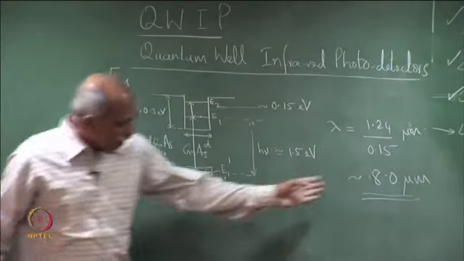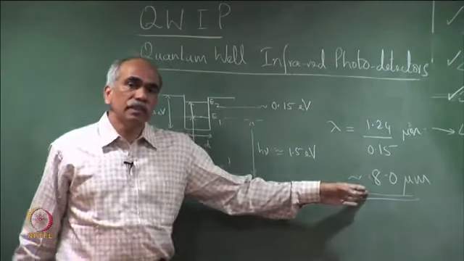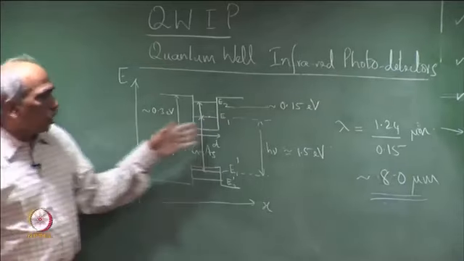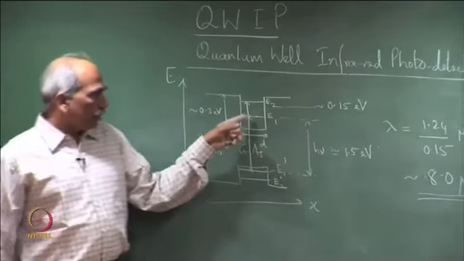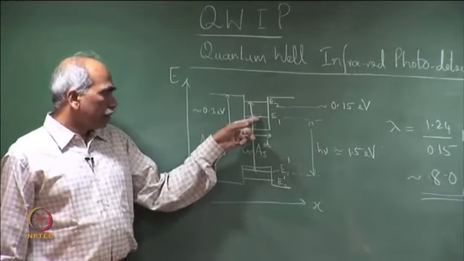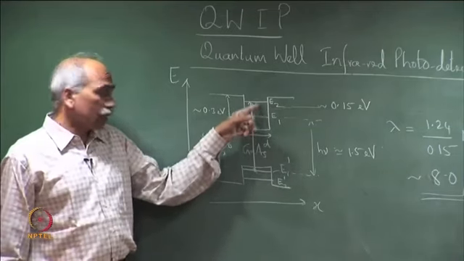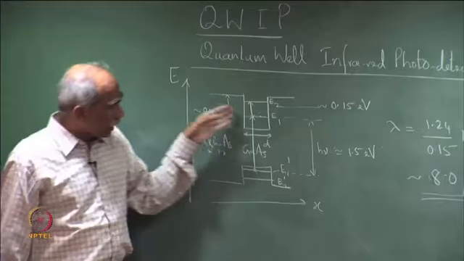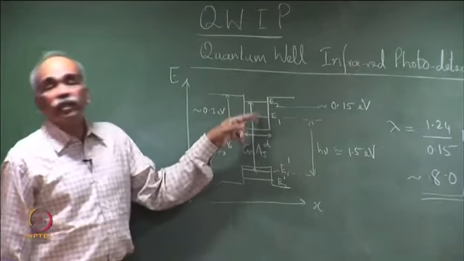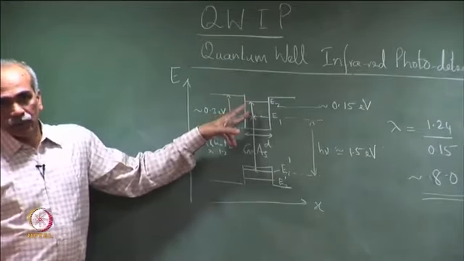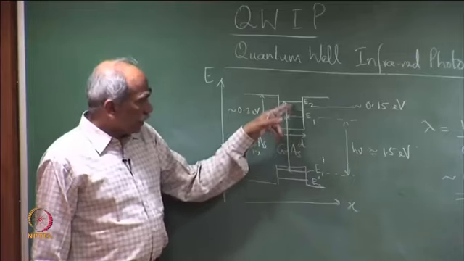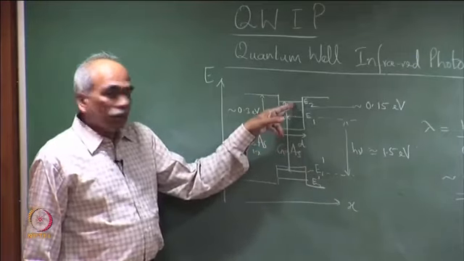So, when infrared radiation is incident on a quantum well structure like this, there can be inter-subband transitions within the conduction band, and a photon can get absorbed by these inter-subband transitions.